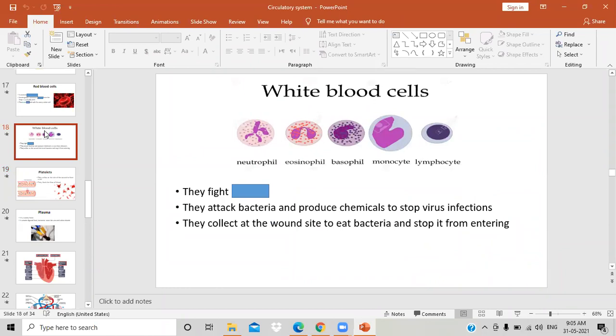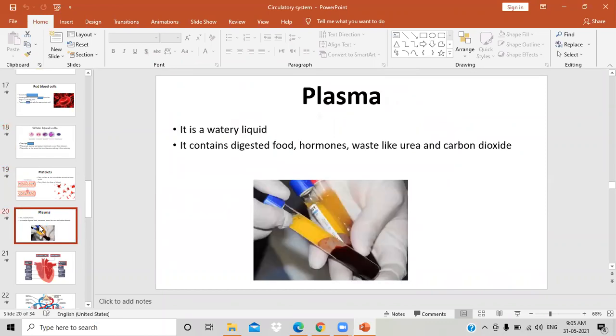It is your fighting army against any viruses, bacteria or foreign bodies that may enter your body. And all of those are held by the plasma, which is the watery liquid that carries all of those different types of blood cells. In addition, plasma also has some digested food, some hormones, and waste products like urea and carbon dioxide. So this is the composition of your blood.